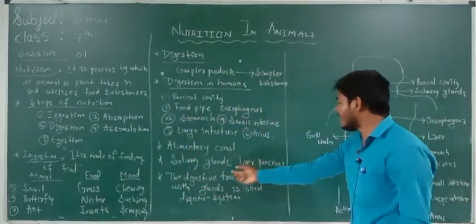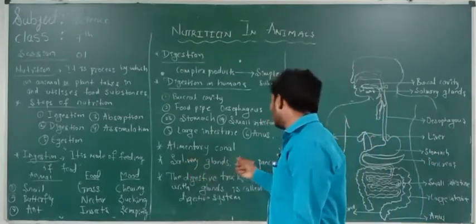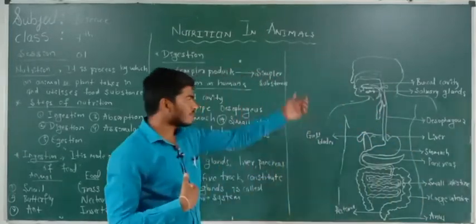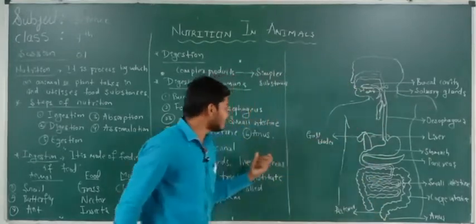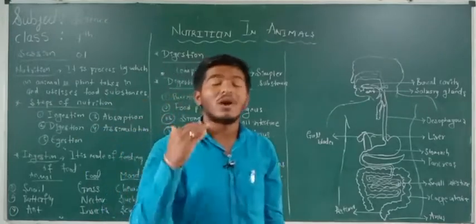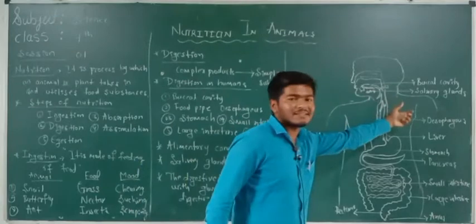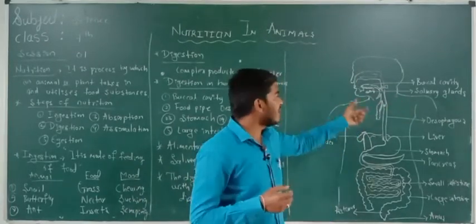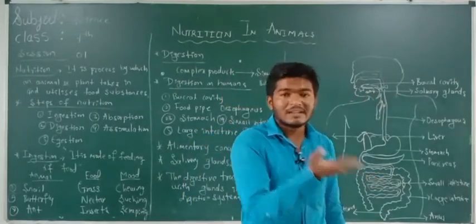Salivary glands, liver and pancreas are present along the digestive system, and these glands secrete juices that are also helpful for the digestion process. Here I am taking only the salivary glands, which secrete saliva, helpful for the conversion of starch into sugar.